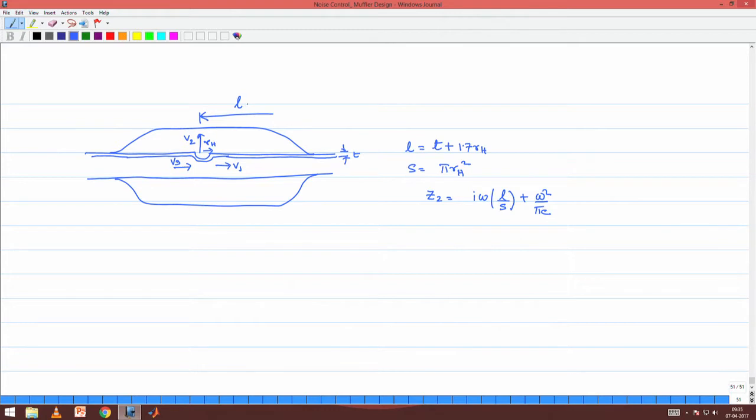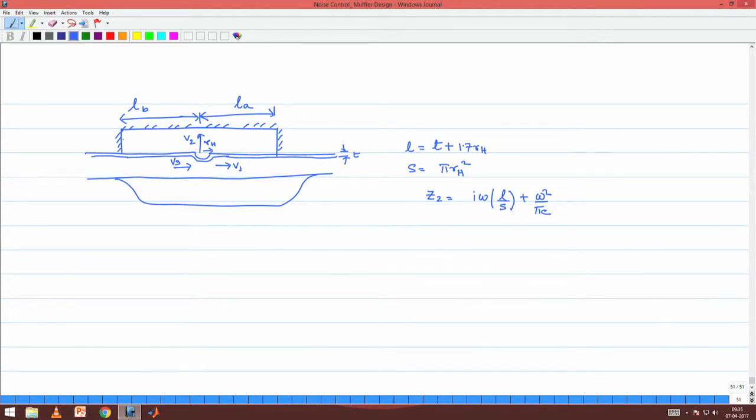So, this I will call L A and this I will call L B. I will just make the drawing a little simpler by assuming that this is of this form. Okay. So, this concentric cavity is again rigid.